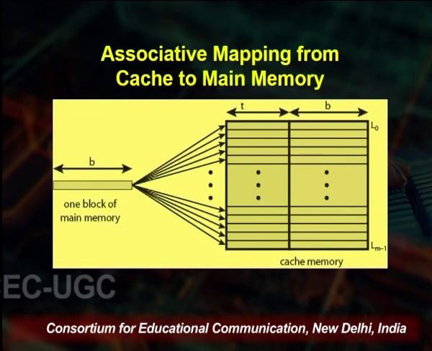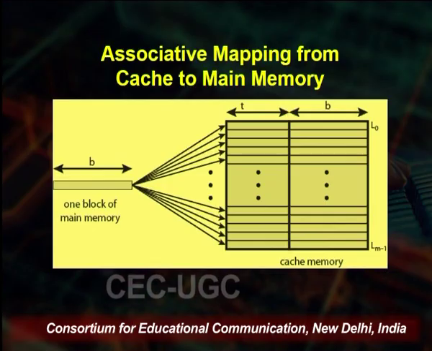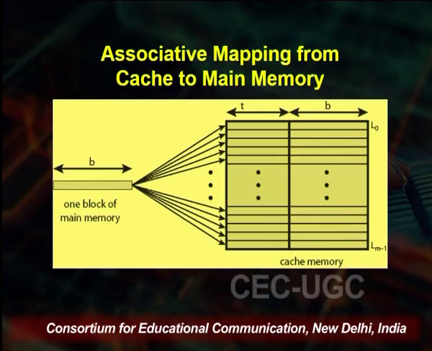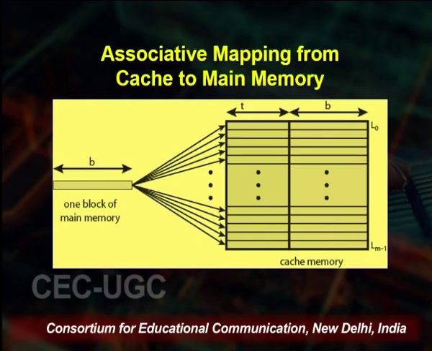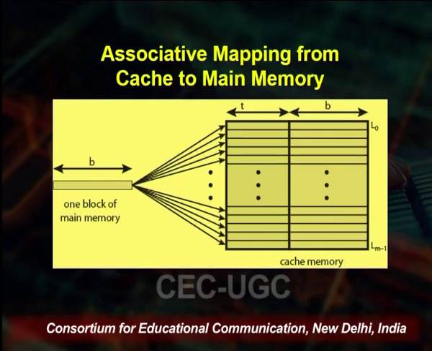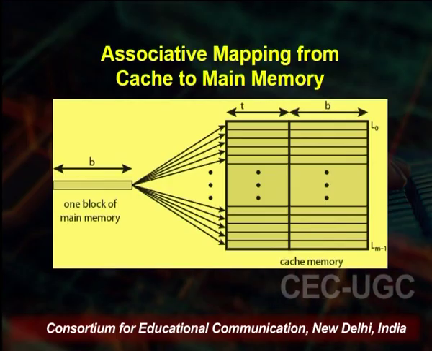So, this diagram clearly shows that one block of the main memory can go to any block in the cache. Yet, when it goes searching for that block, the entire cache has to be looked up. So, we have avoided the clash if the line was occupied.